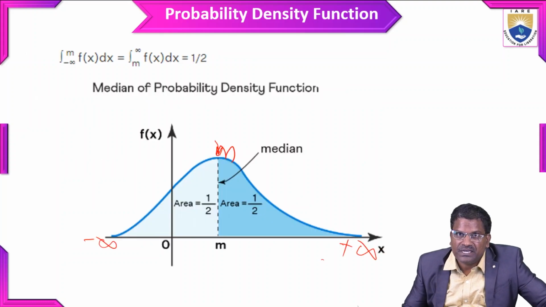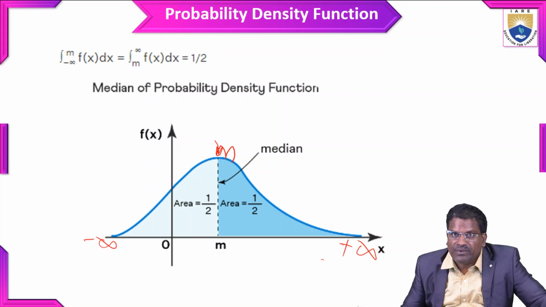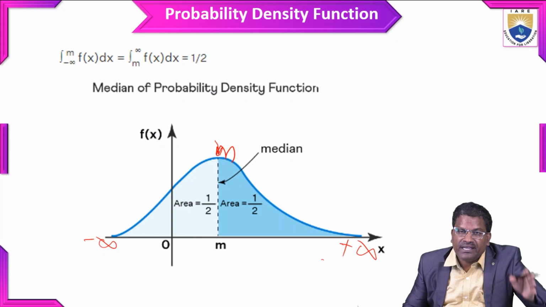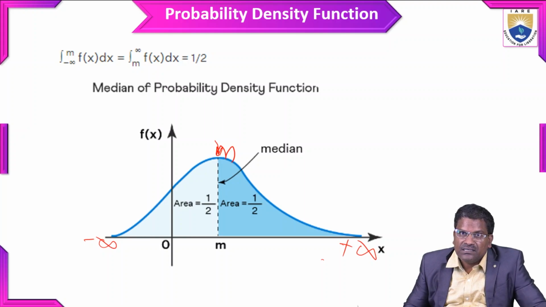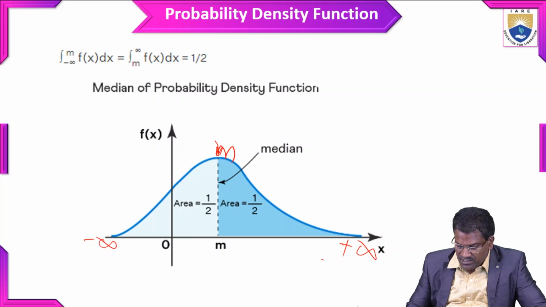If we see this bell-shaped curve, the value m at 1 by 2, this median, takes the same area from minus infinity to m f of x dx, and numerically it is equal to integral m to infinity f of x dx. Clearly we can analyze and see this fact using this graph.